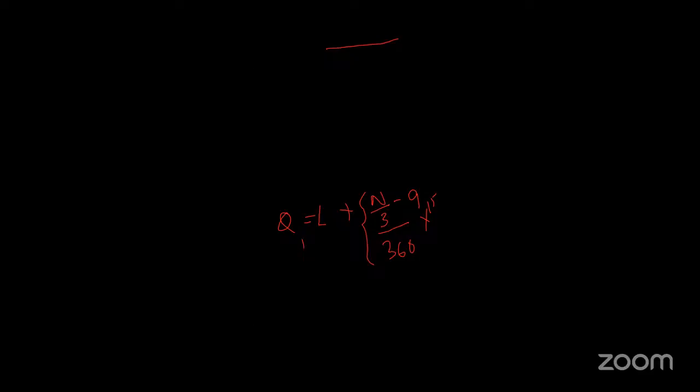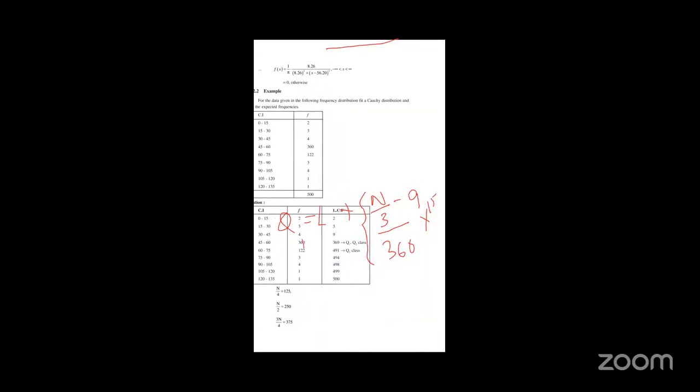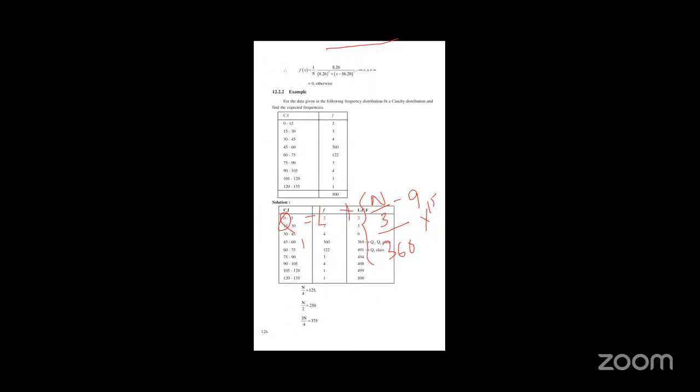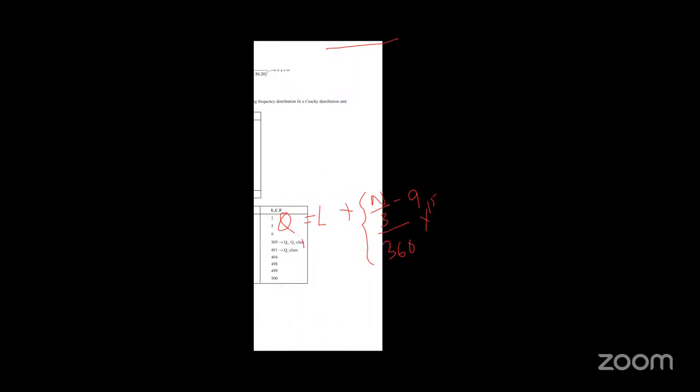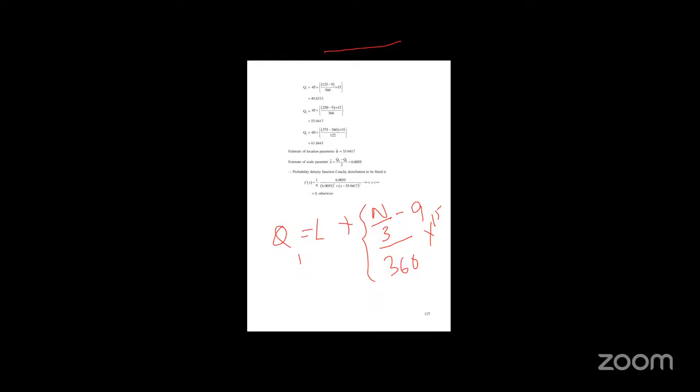From the derived one, Q1 is equals to 45, the lower boundary, plus 125, which is N by 4, minus 9. 9 is the previous CF, and 360 is the F. So CF and F values we are taking. Let me write.